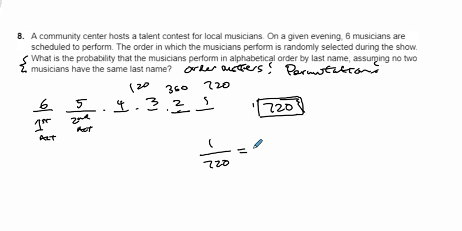So 1 divided by 720 gives us 0.00139, which is 0.14%. So less than a 0.15% chance that you will pick it that way.